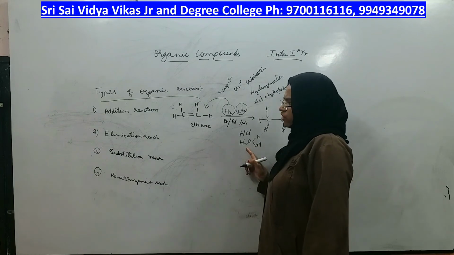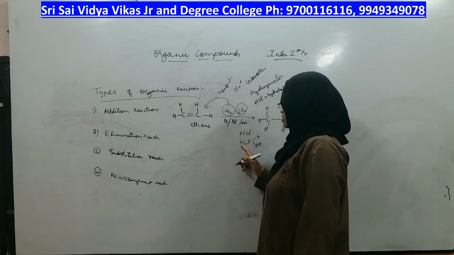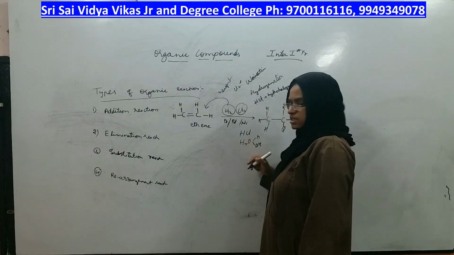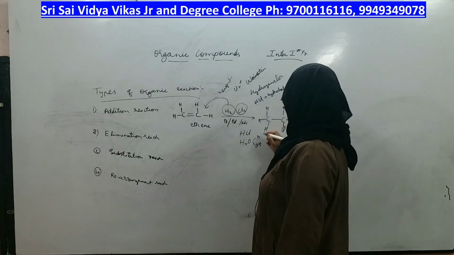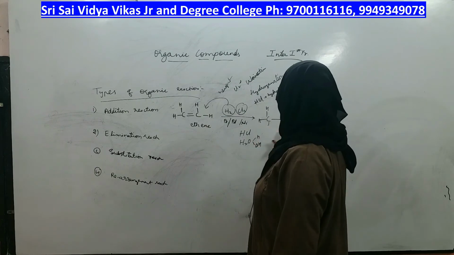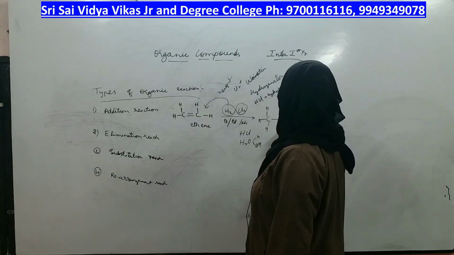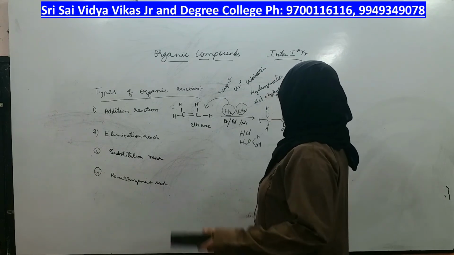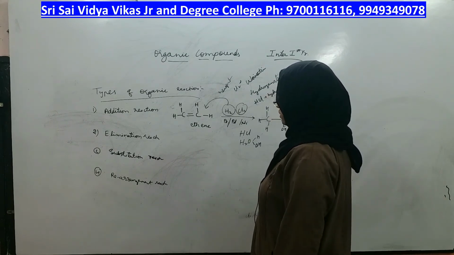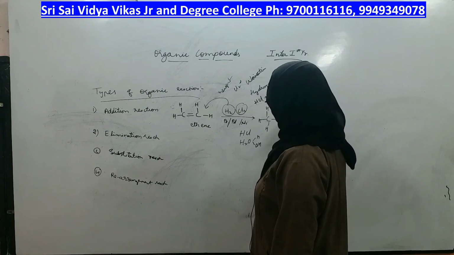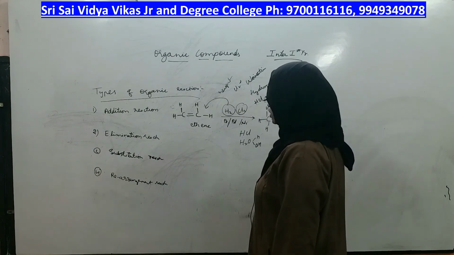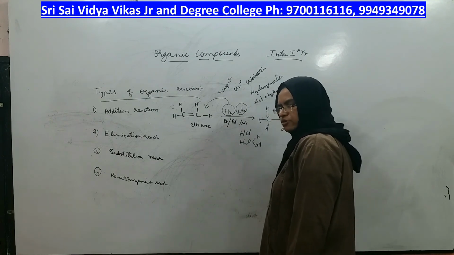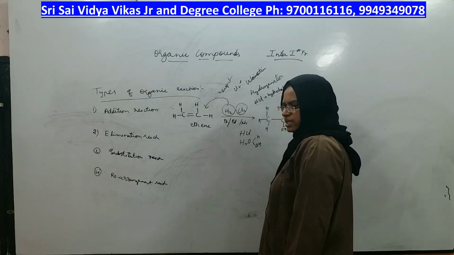If you add water as the reagent, you will call it hydrolysis, because water is getting added. In water H is present, OH is present. H, OH, water is getting added, right? These reactions are called hydrogenation or chlorination or bromination or hydrohalogenation or whatever it is, but the old bond should break and a new bond should form with the reagent.